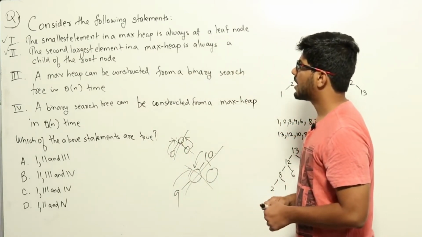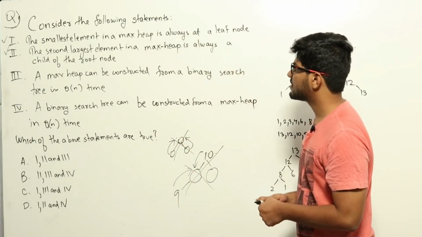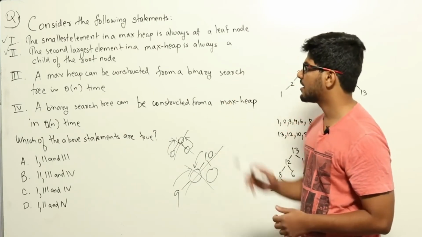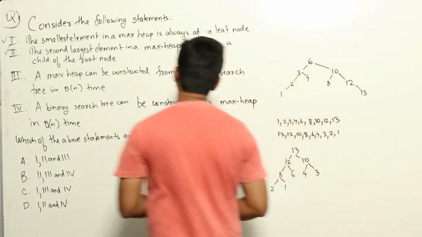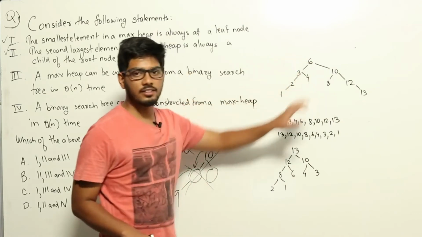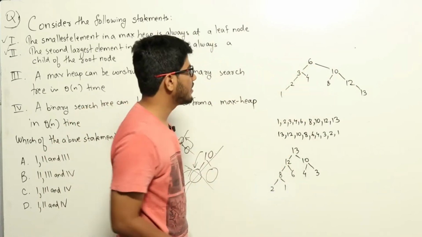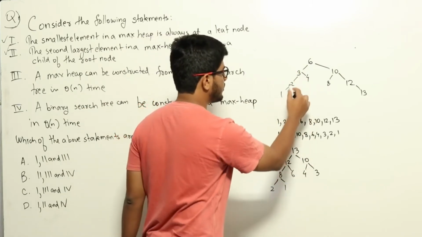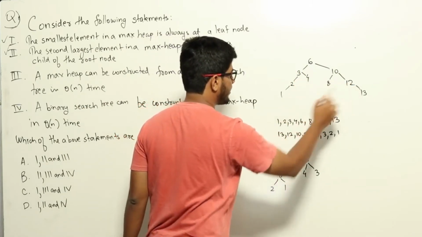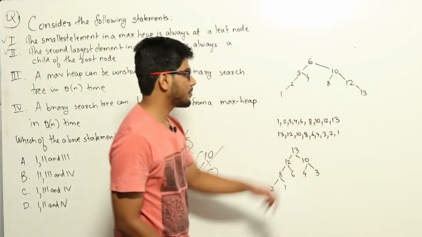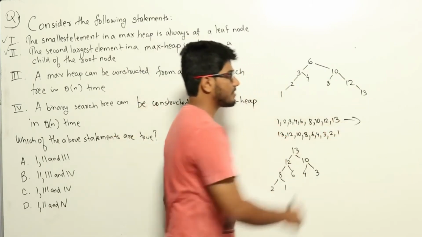Now statement 3, a max heap can be constructed from a binary search tree in theta n time. Now this is correct. I will show you the algorithm to do that. Let us say we have a binary search tree like this. Now if I do the in-order traversal of this binary search tree, what I will get is the elements 1, 2, 3, 4, 6, 8, 10, 12, 13. This is nothing but the sorted order of these numbers.